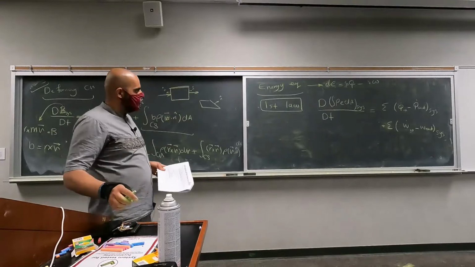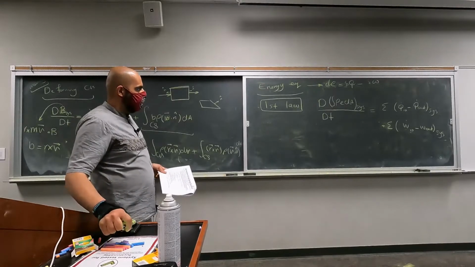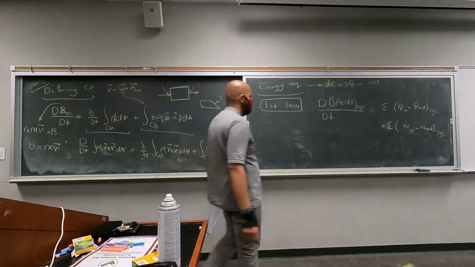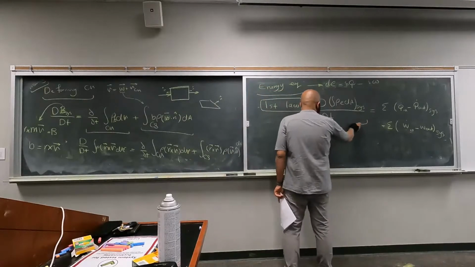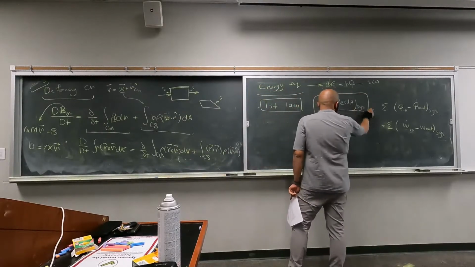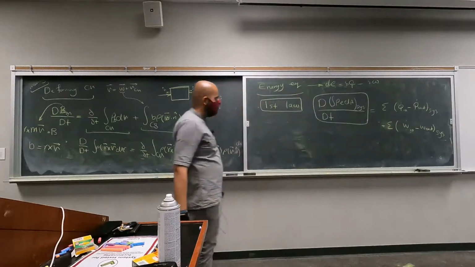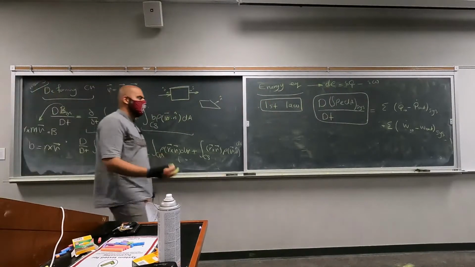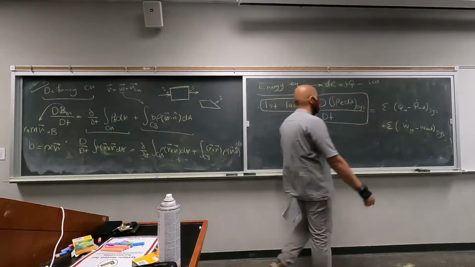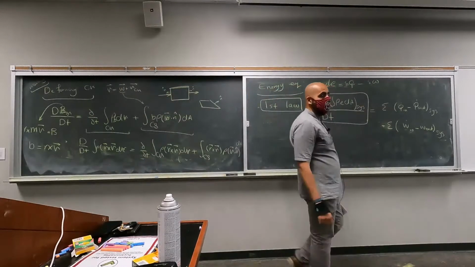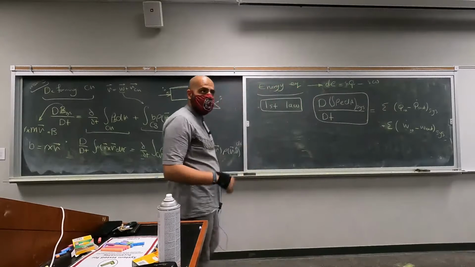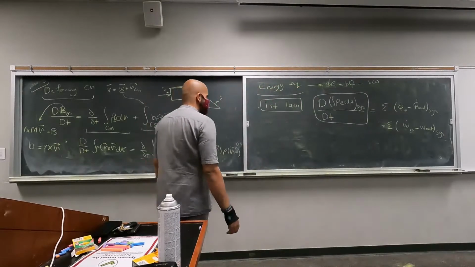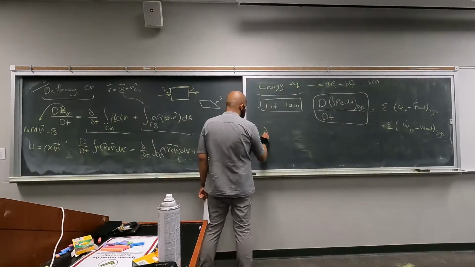Okay. This part we can rewrite using the Reynolds transport theorem, right? Which converts whatever is happening inside the system to whatever is happening inside the control volume. It is going to be easier for us to deal with.